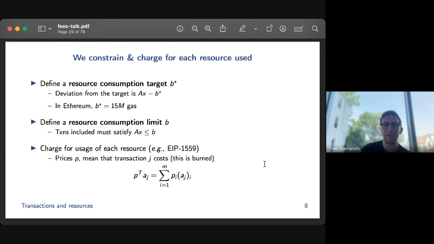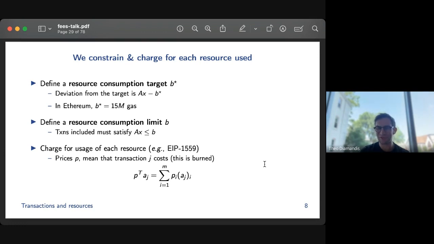Yeah, I would check out that paper. And that's one of the things that we have to think more carefully about with this framework. The fortunate thing is that a lot of the analysis for EIP 1559, these one-dimensional markets, generalizes pretty naturally to these multi-dimensional cases.